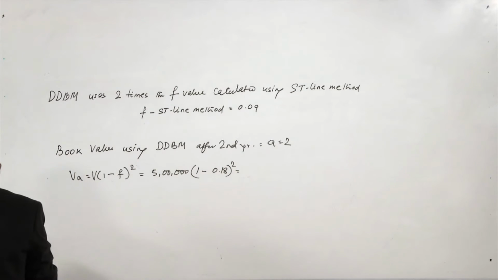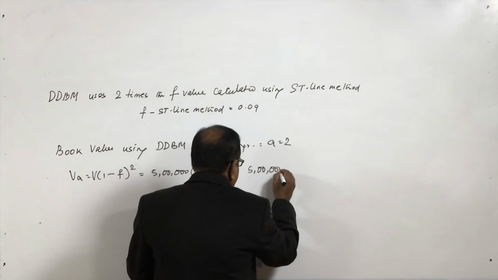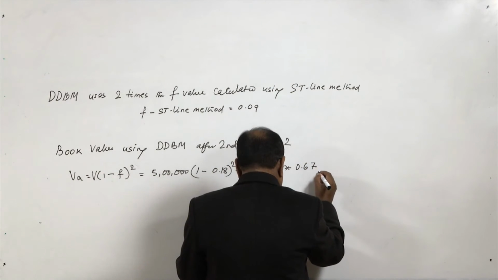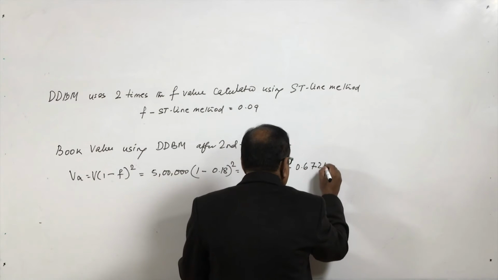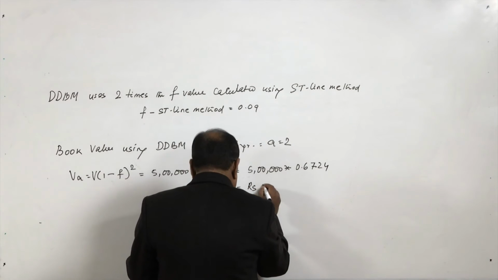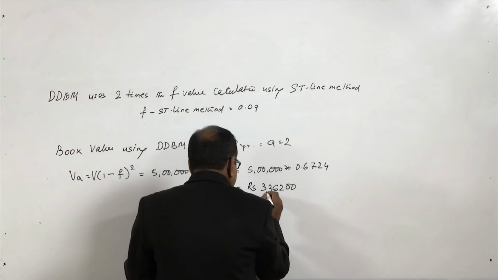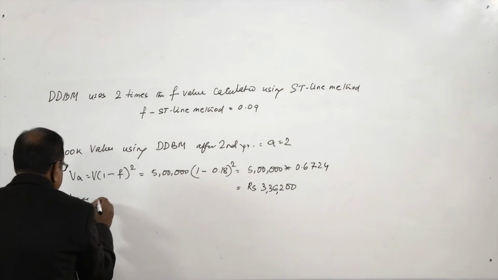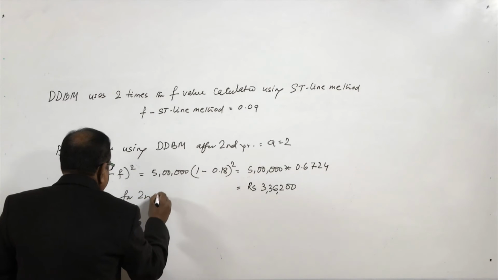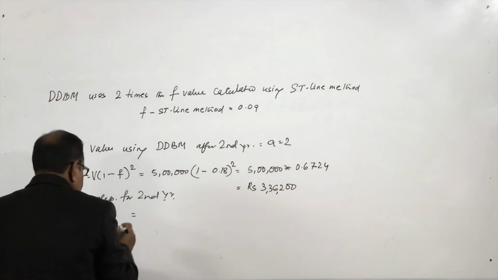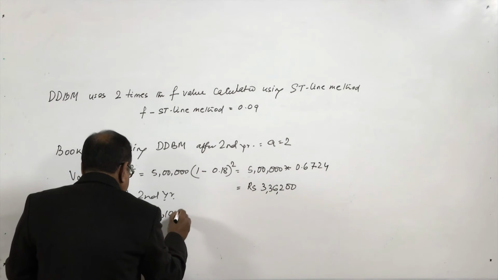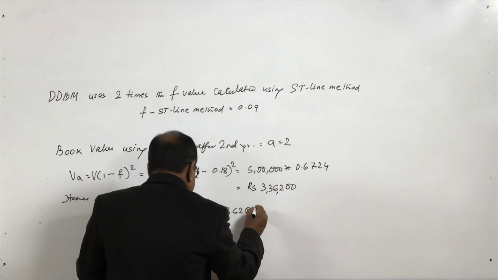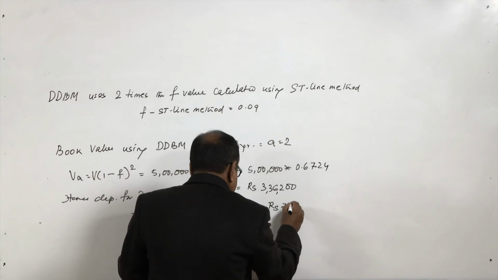This comes out to be rupees 3,36,200. Hence, depreciation for second year is equal to rupees 4,10,000 minus rupees 3,36,200 equals rupees 73,800.